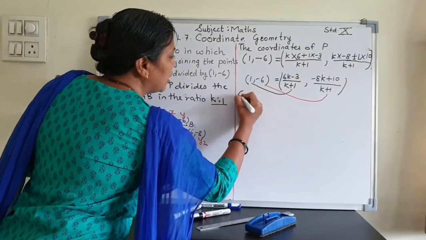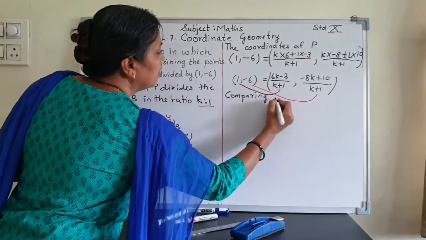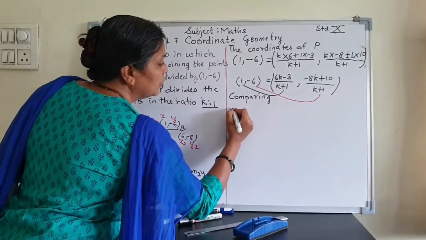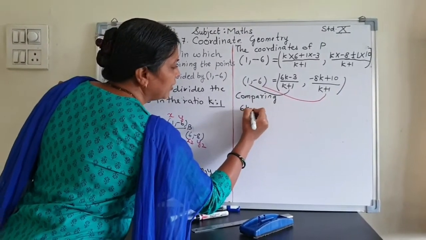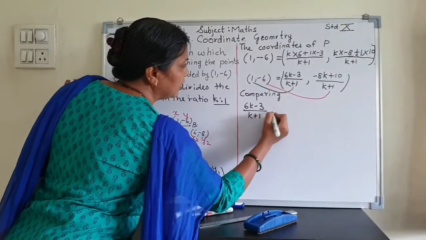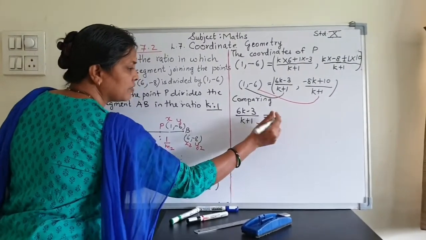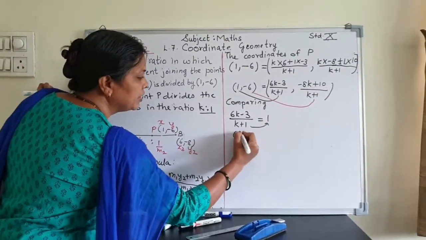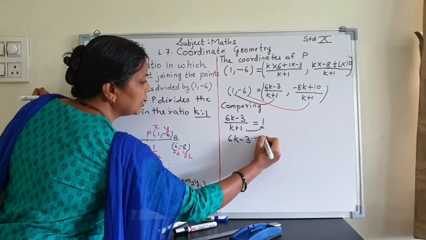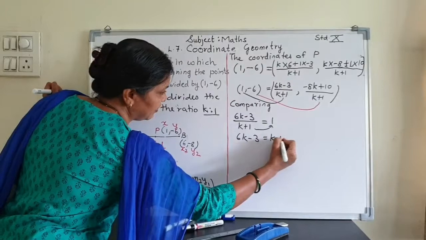So comparing, we get 6K minus 3 upon K plus 1 is equal to 1. Now if you bring this K plus 1 to this side, it will be 6K minus 3 is equal to 1 into K plus 1, which gives us K plus 1.